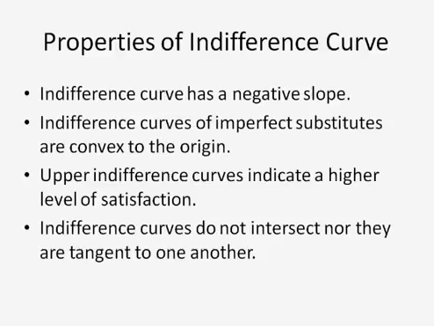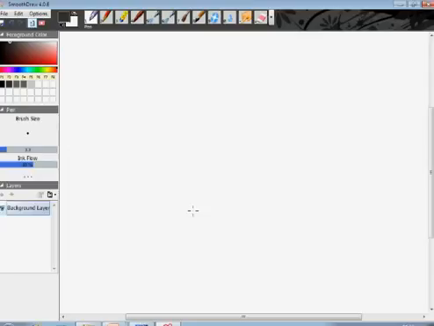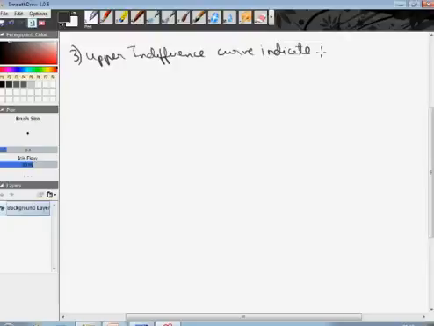Now our third property is that upper indifference curves indicate a higher level of satisfaction. Let's understand this. Third property, upper indifference curve indicates a higher level of satisfaction.